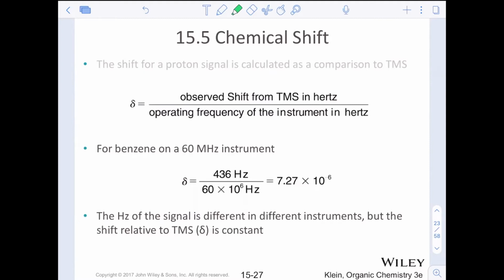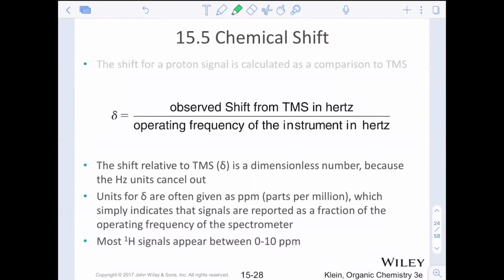So we can use a chart to identify different types of protons, just like we saw in the IR. Now, the shift relative to TMS is called a chemical shift, or that delta. It's a dimensionless number, meaning it's unitless, because the hertz cancel each other out in this calculation.